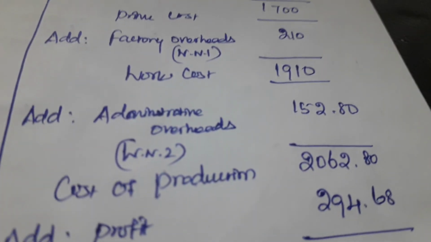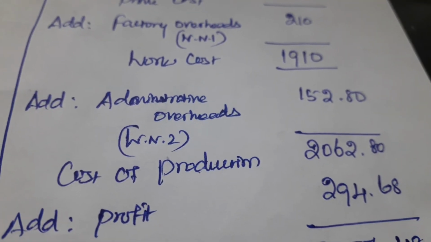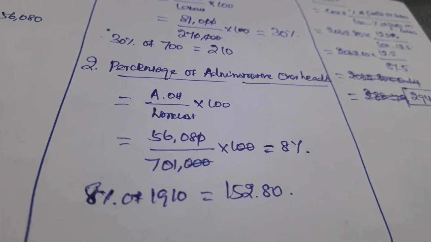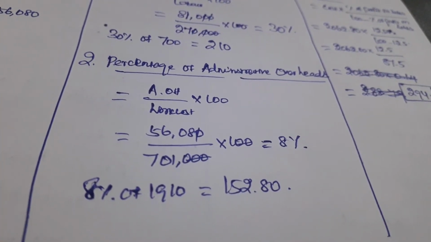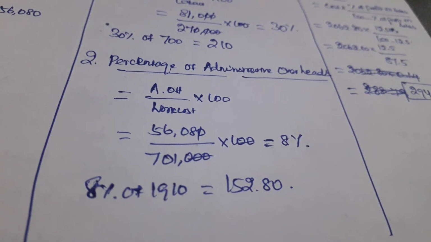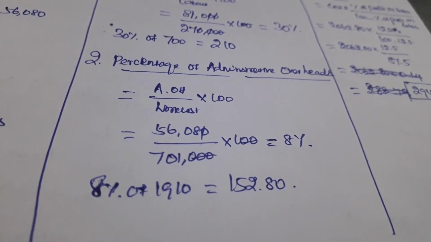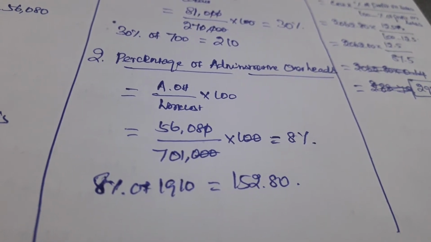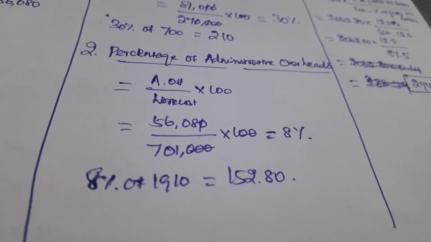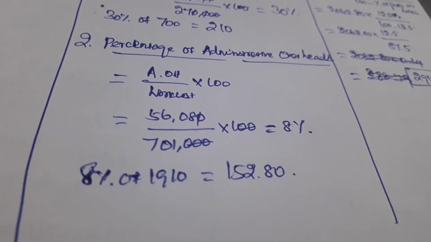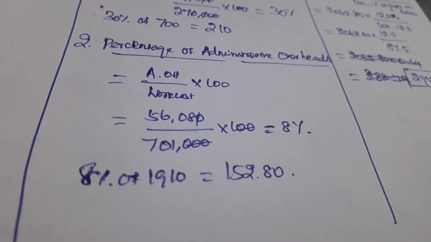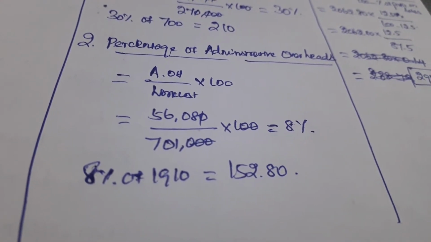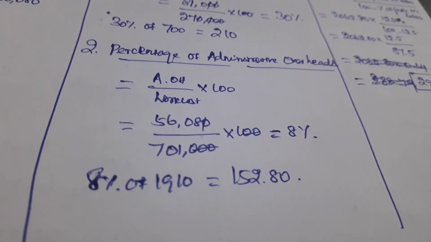Then moving forward to calculate administrative overhead. Here is the working note for the calculation of the administrative overhead. Administrative overhead always is based on work cost. Administrative overhead and work cost values we have taken from the cost sheet. If we multiply by 100, we get 8%. 8% of the work cost.